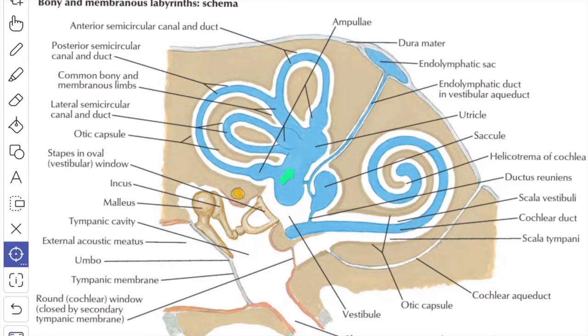The utricle, the saccule and the semicircular ducts are suspended from the bony labyrinth by fibrocellular bands across the perilymphatic space.